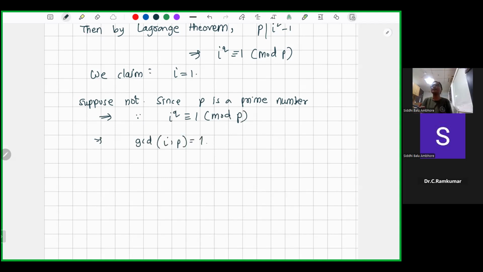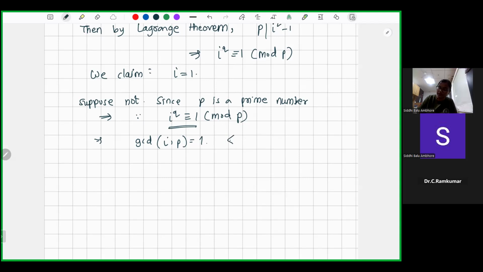This is clear, right? This is basic number theory, otherwise this won't hold, because if GCD of i and p is not 1, then it will imply that p divides 1, which is not possible.